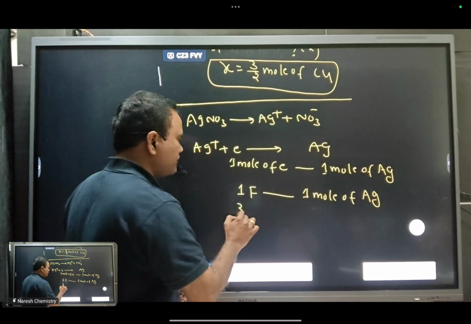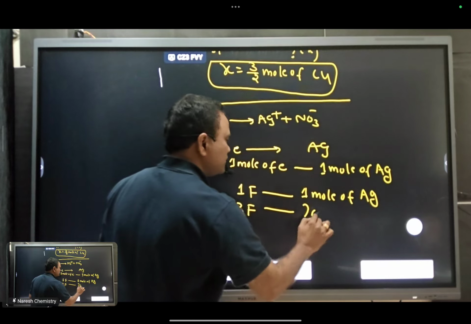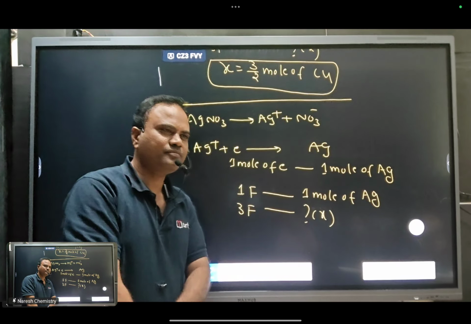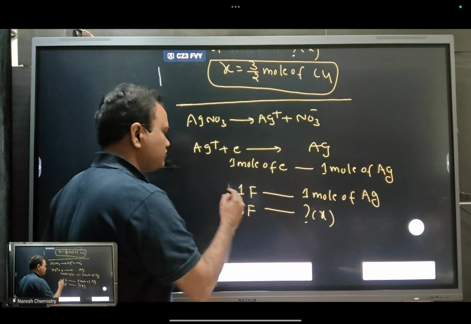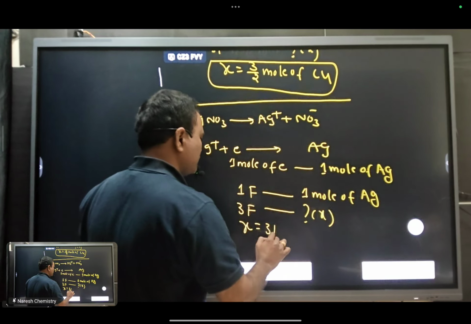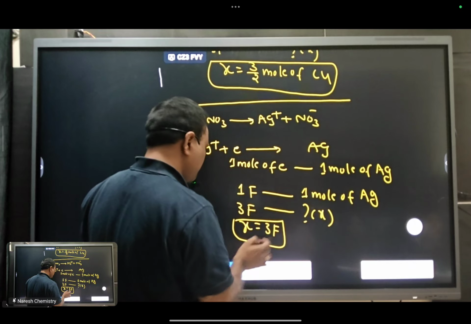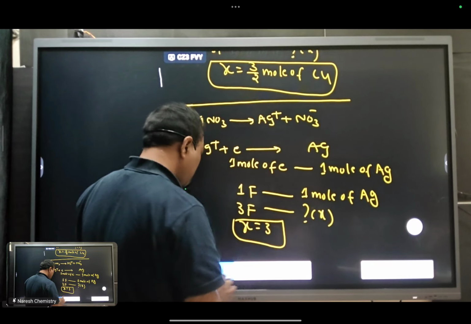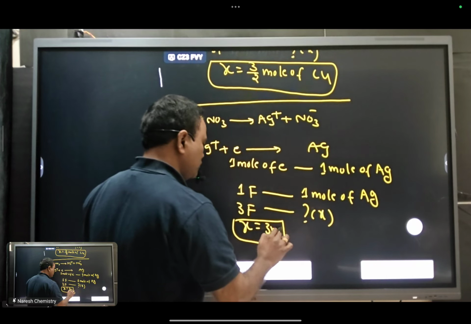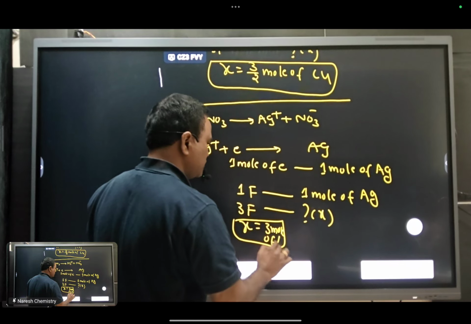Then 3 Faraday deposits 3 moles of silver.